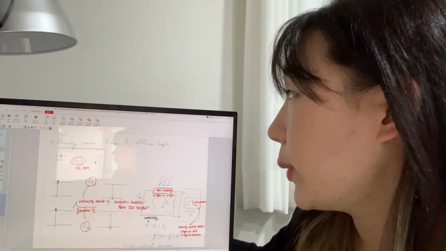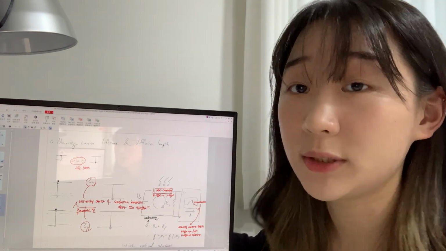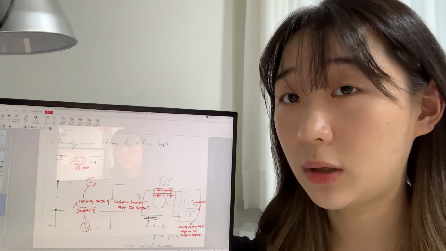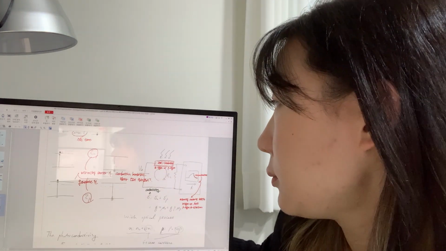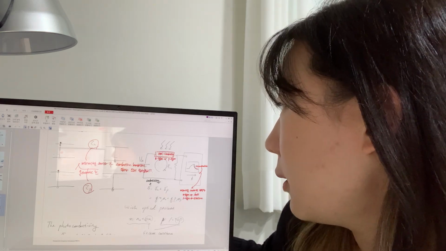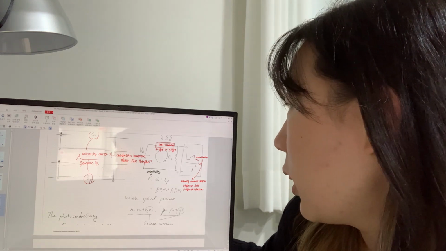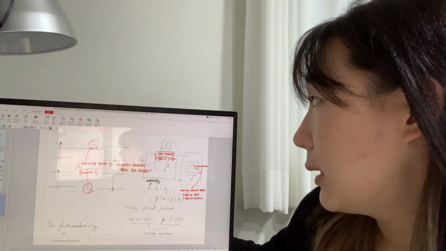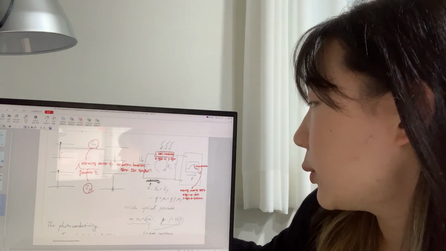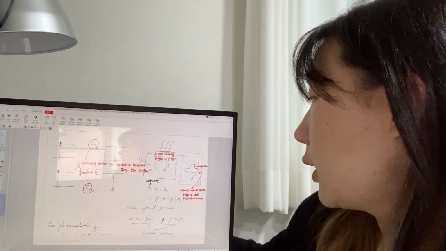And if we look at the minority carrier, we can know the lifetime of that carrier. Yes, so if we look at the semiconductor like this, then only the minority carrier can be observed.